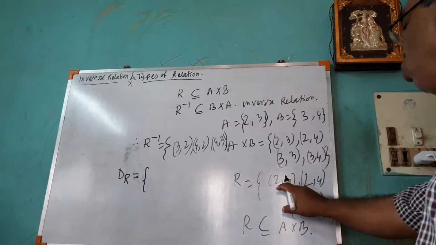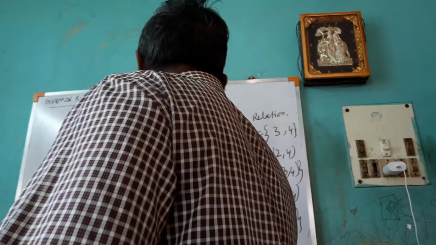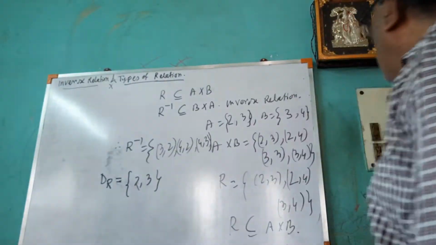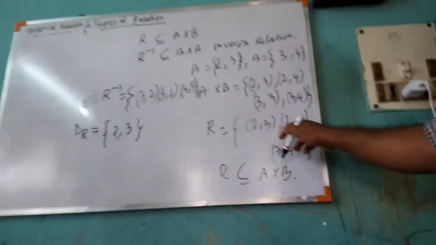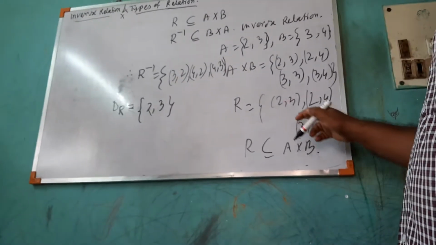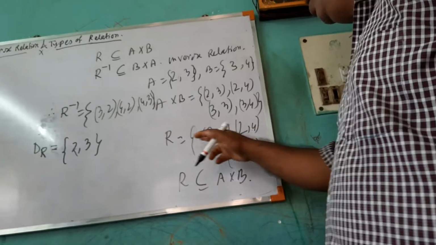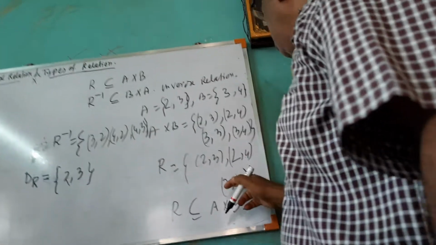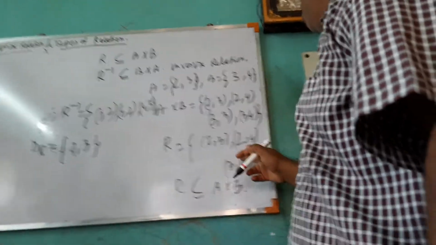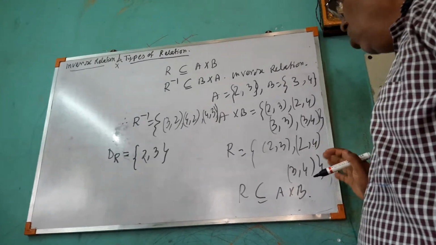There are two 2s, so I take 2 only once, then 3. The first elements of relation R are known as domain R.